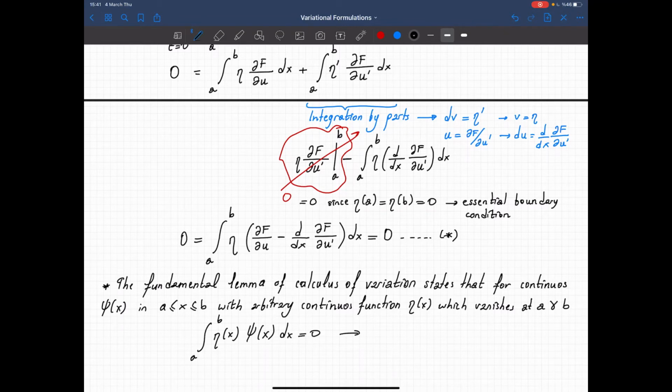This tells me that since nu of x is arbitrary, this function must be equal to 0.